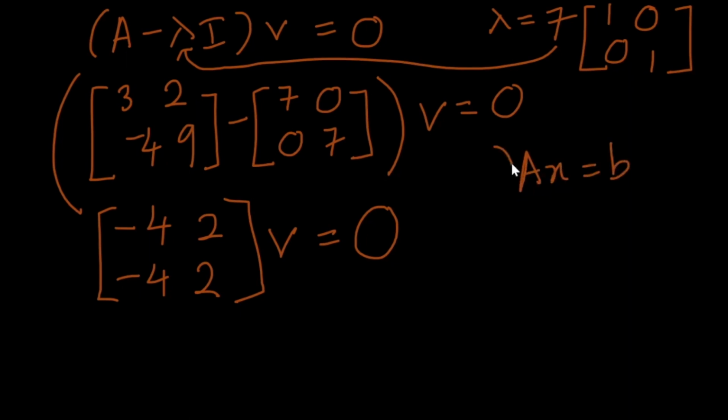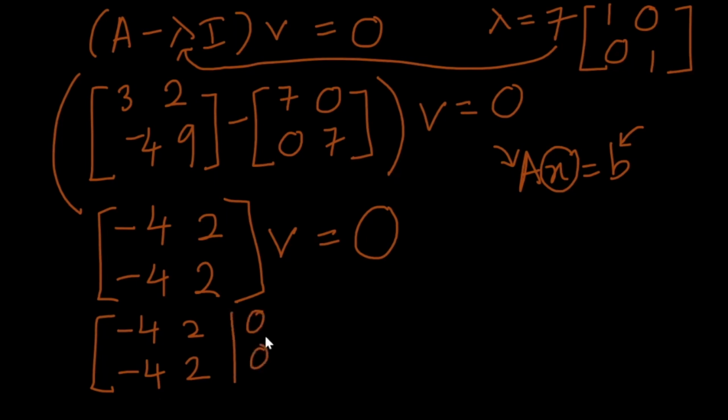We had matrix A, we had vector B, and we wanted to solve X. Now we could do the same thing, okay? So we could rewrite this as an augmented matrix: -4, 2, -4, 2, 0, 0.